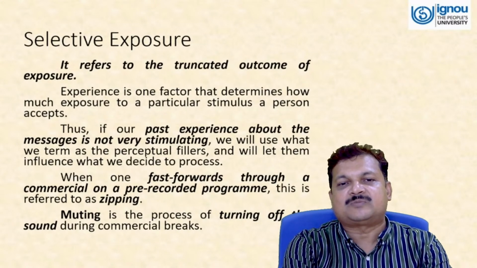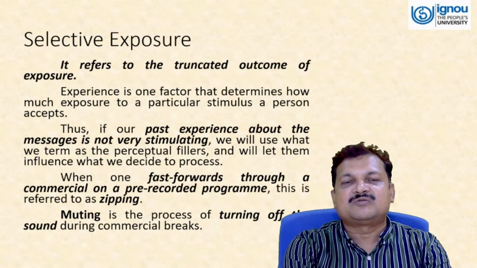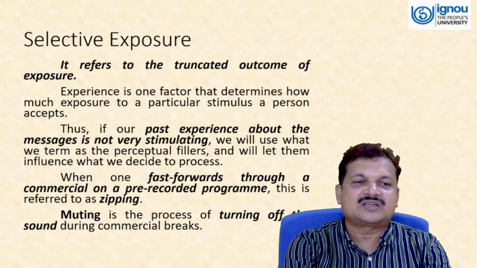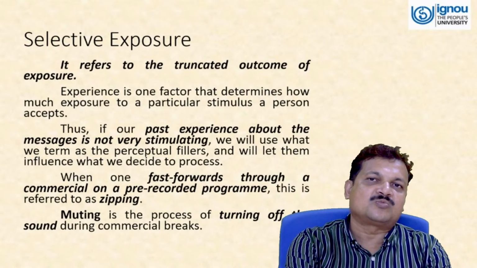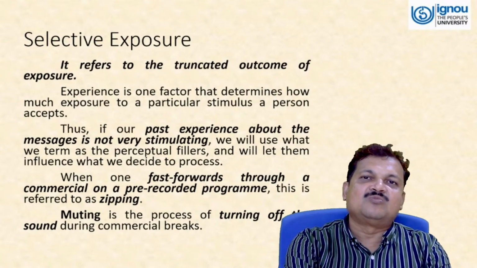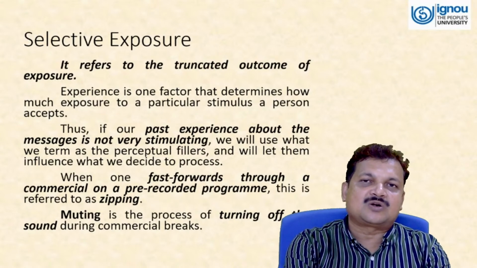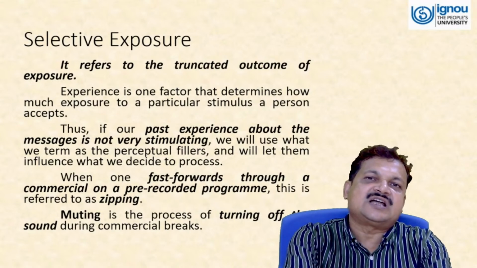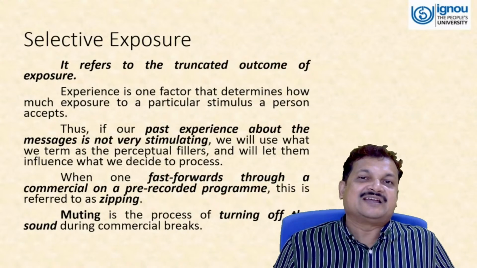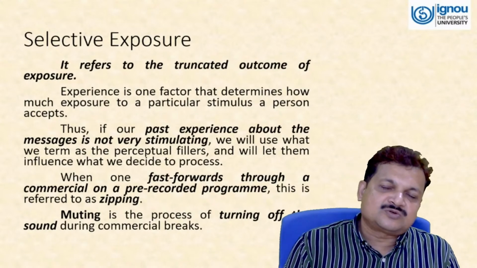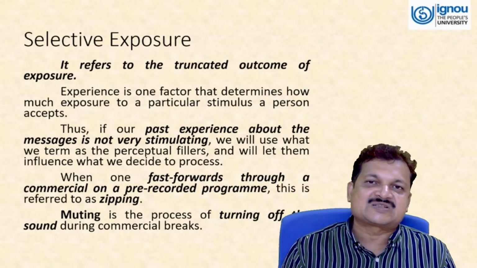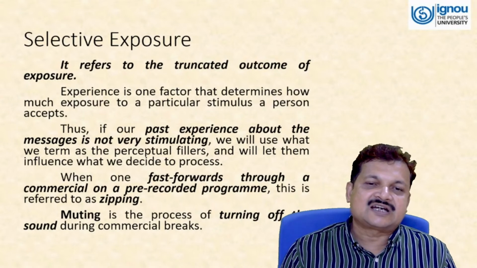If you have seen that a product is not good, or you have a previous experience, like if you have taken food from a particular hotel and the food was very bad, whenever you move by vehicle on that road you will always avoid looking at that hotel because you had a very bad experience. Similarly with a product, if you had a bad experience, you are not going to select it.